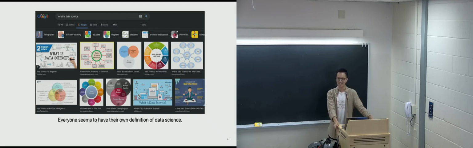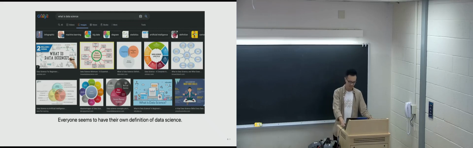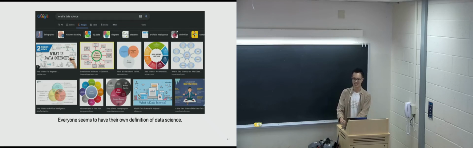And honestly, if you're like me, you Google this stuff and you're like, I get that people are excited about it, but I don't really know too much of what it is or what it really means and why people are excited about it. The thing about data science is that everyone has their own definition of it. So some people think that data science is just making plots. And other people think that data science is working with Excel. And other people think that data science involves writing tons and tons of machine learning code.